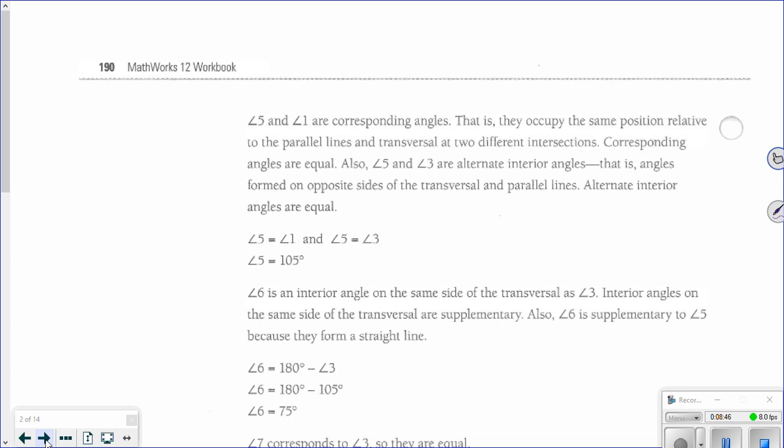This part where it says angle 6 is an interior angle on the same side of the transversal as angle 3. Interior angles on the same side of the transversal are supplementary, or they add up to 180 degrees.